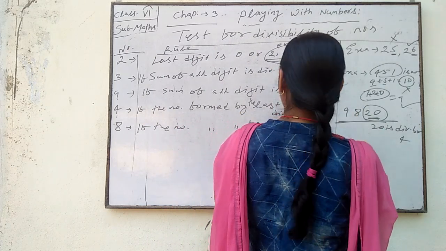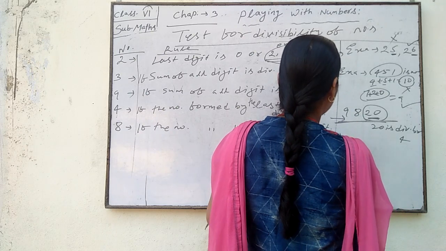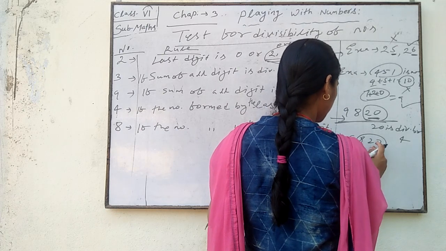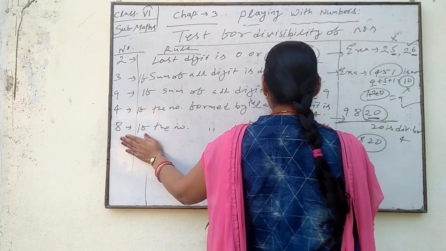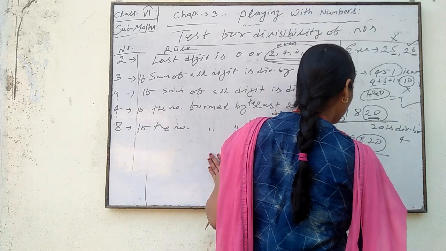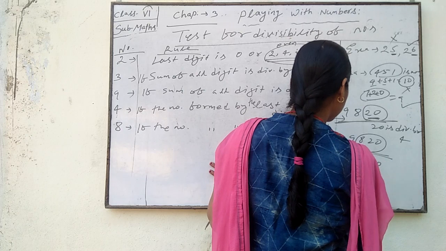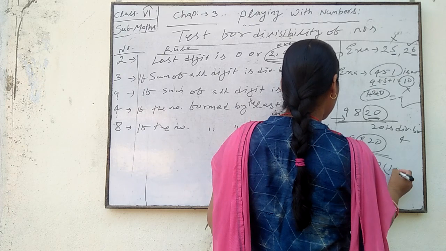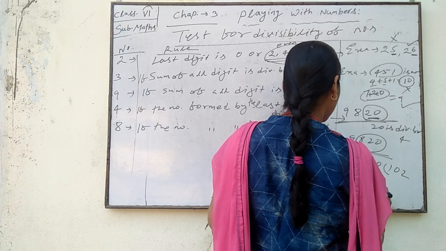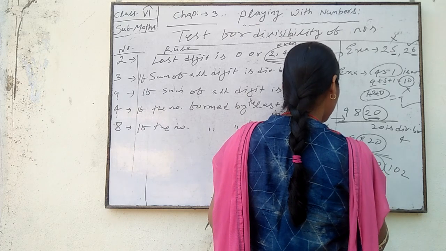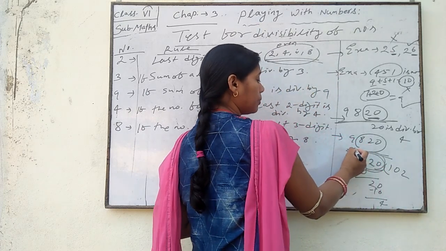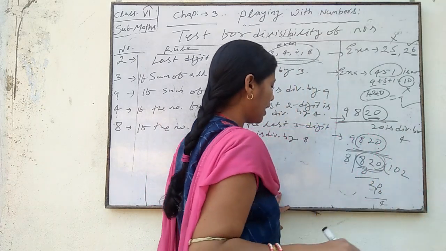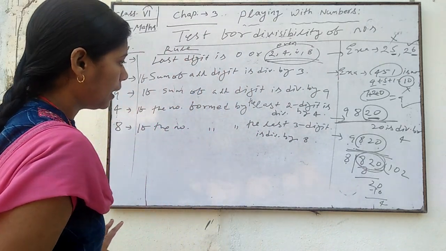Example: 9820. Your last 3 digits are 820. Is 820 divisible by 8? If this is divisible, then the total number is divisible. Now divide it by 8: 8 1s are 8, 8 2s are 16, and a remainder is left. It means this number is not divisible by 8. So the given number 9820 is not divisible by 8.